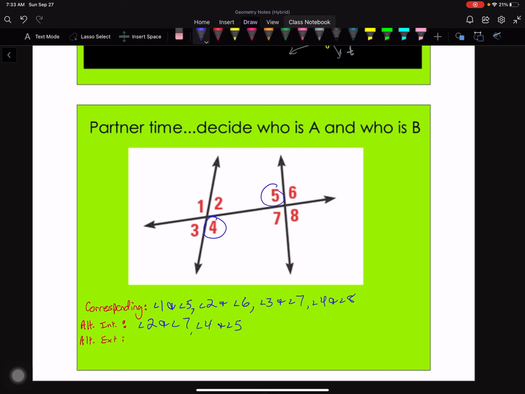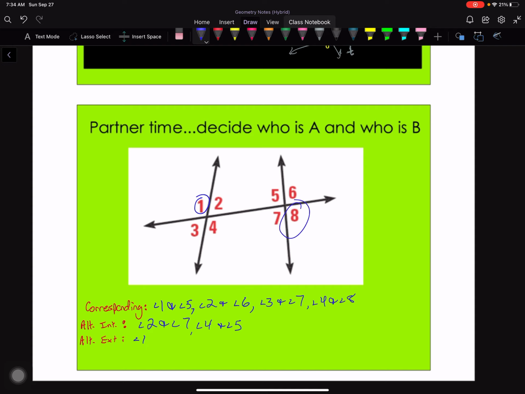We can also do alternate exterior. All right, so if we take a look here, now we want angles on the outside of the two lines. So 1, 3, 6, and 8, those are on the outsides of the two lines. Starting with angle 1, again, we need an angle on the opposite line, so 6 or 8, and on the opposite side of my transversal.